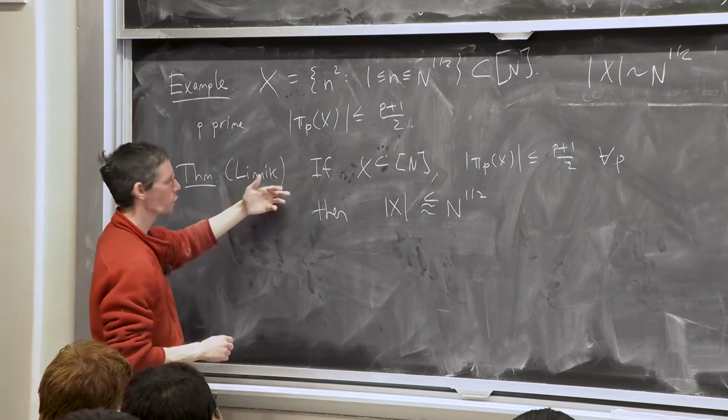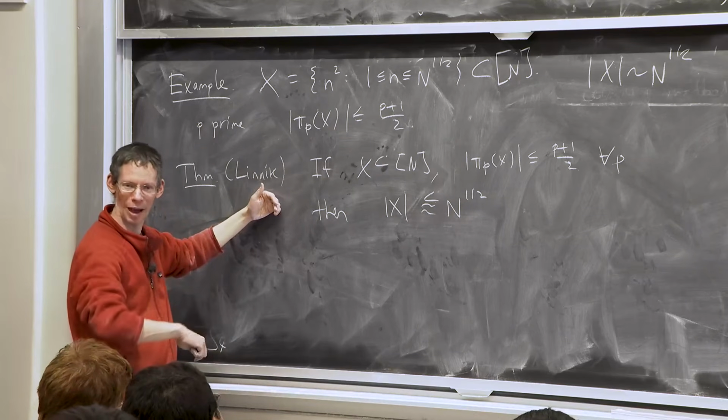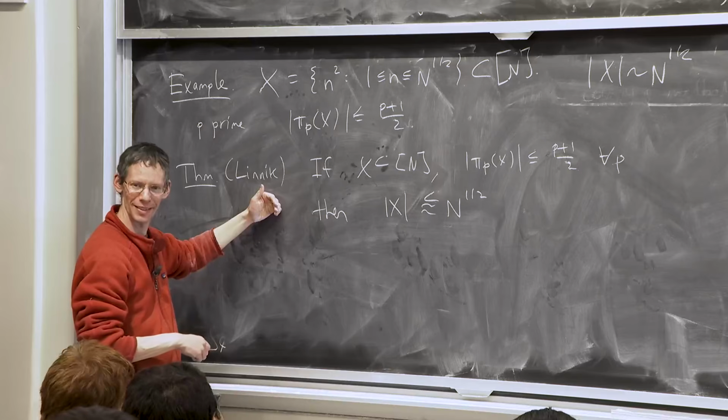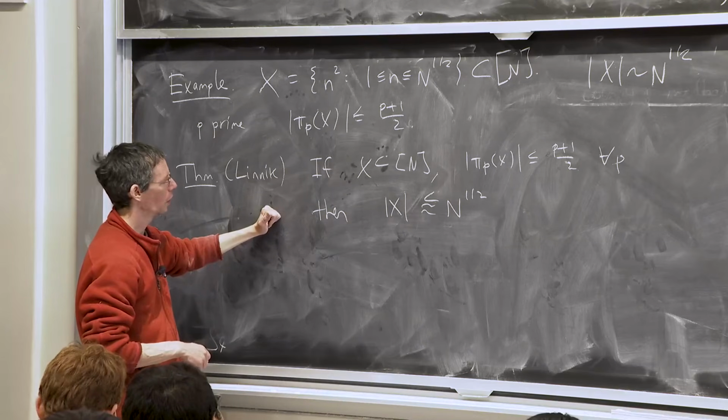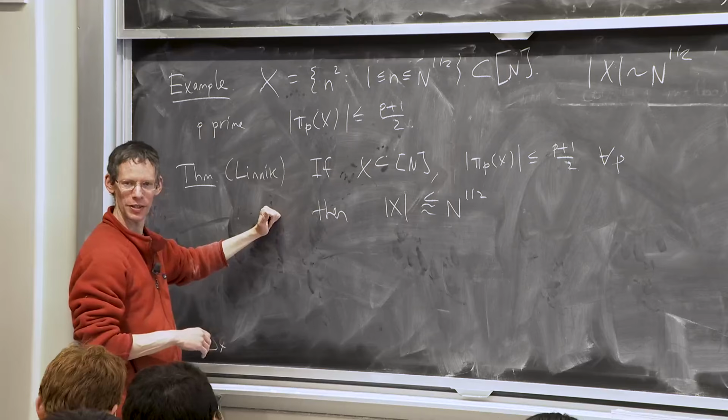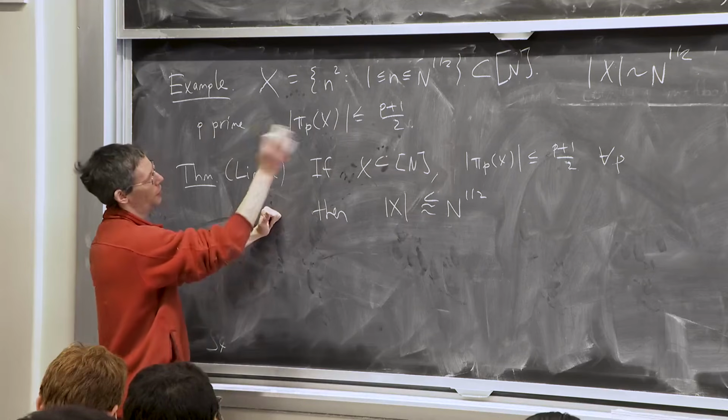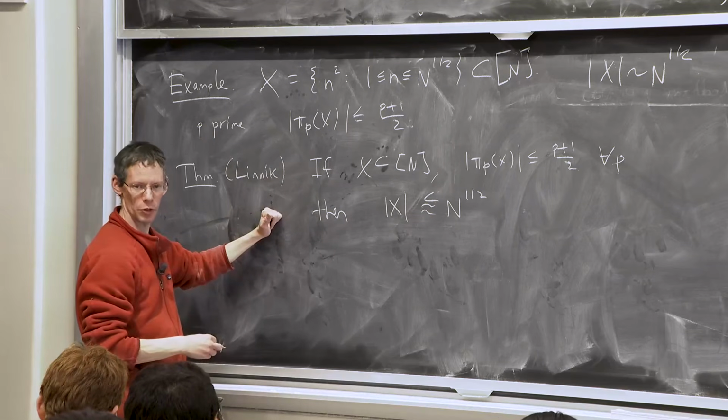Cool. So we will give two proofs of this: a proof using double counting, and a proof using the Fourier method. There are lots of hard open problems in sieve theory, and one of them is to understand what the examples are.